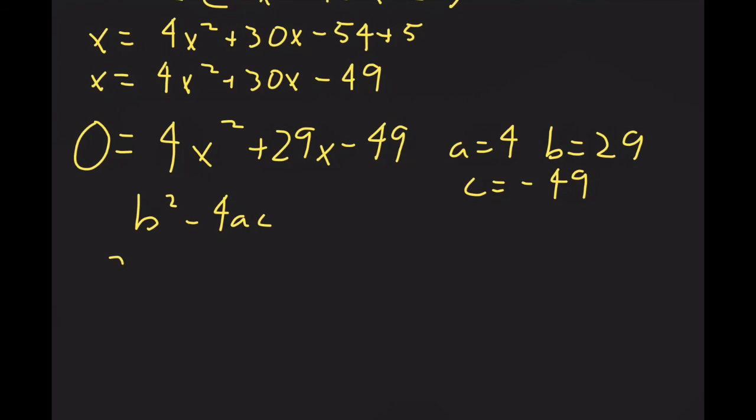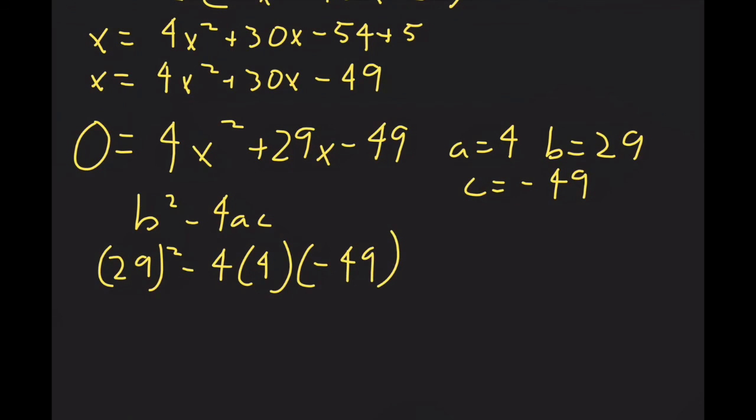So we get 29 squared minus 4 times negative 49. 29 squared is 841, and 4 times negative 49 is negative 784.